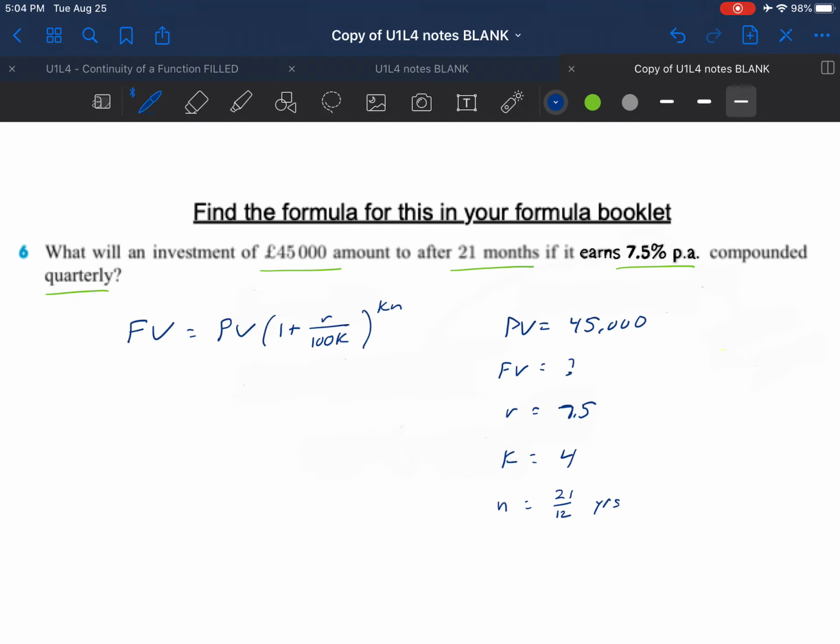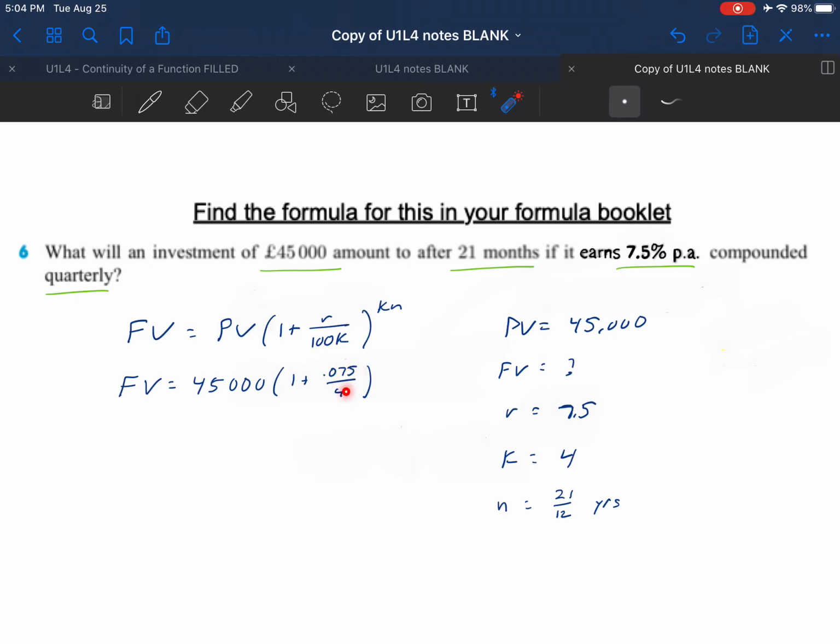So if we go back and plug it into our formula, we're going to get that the future value of this money is equal to 45,000 times 1 plus 0.075 over 4. Okay, so all I did here is I took 7.5 divided by 100 and got 0.075 and divided by 4.